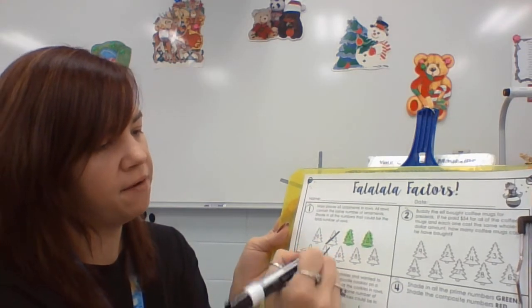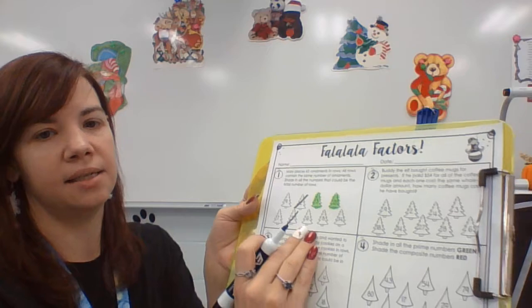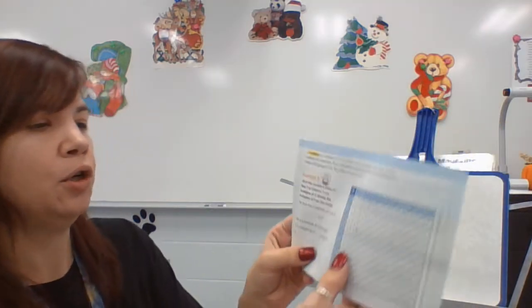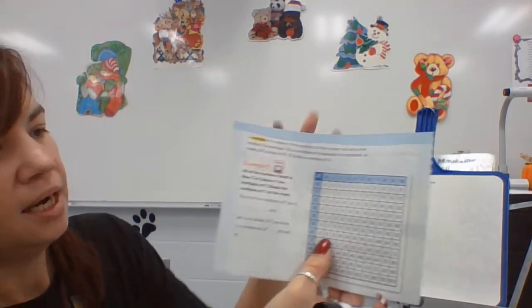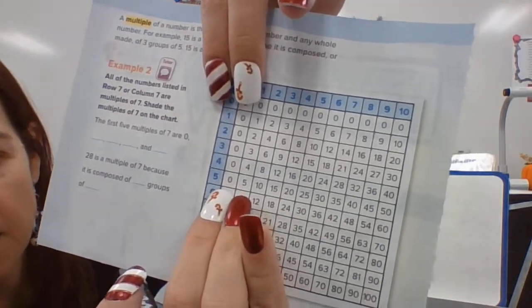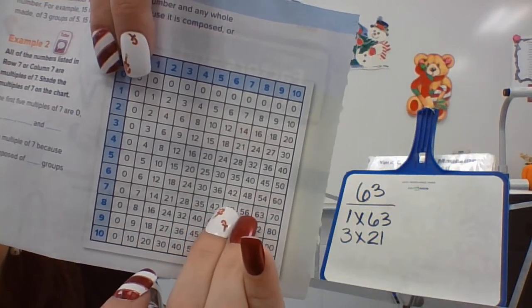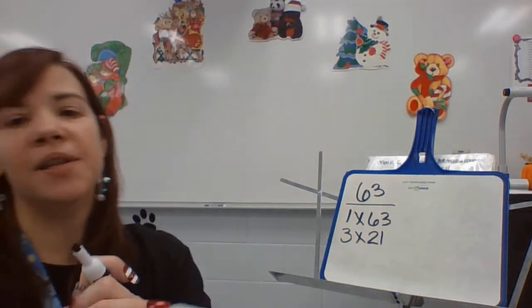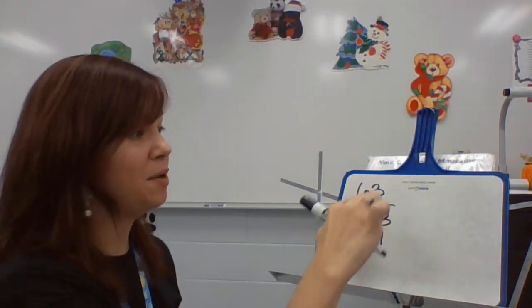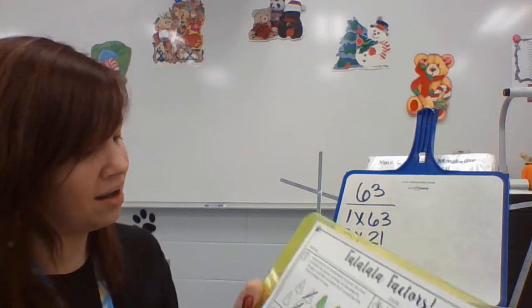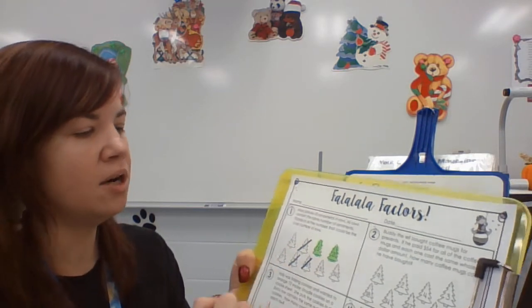So I'm going to cross out the 5. Okay, the next one is a 6. So I'm going to look across the 6's. I see 6, 12. There are no odd numbers. That's telling me 6 cannot be because 63 is odd and 6 is only giving me even numbers.